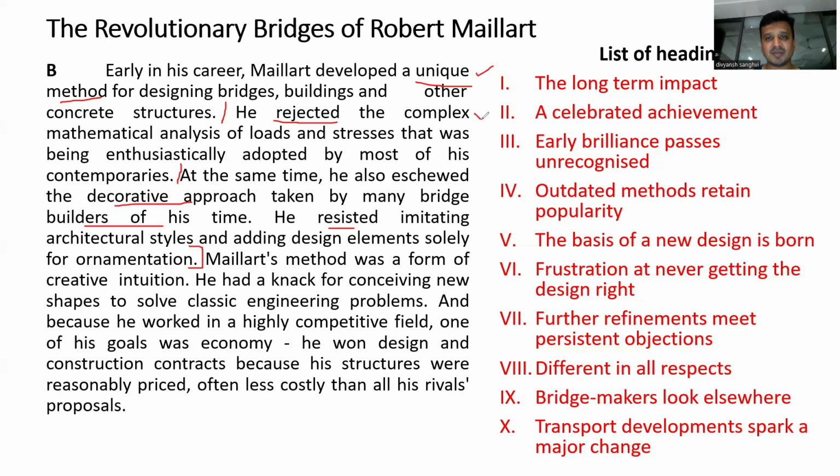He rejected something which was adopted by contemporaries, again, different from his competitors. At the same time, he rejected decorative approach. At the same time, he rejected ornamentations. So whatever he has done, it's completely different from the bridge makers of his time. So the answer for this one is different in all respects.